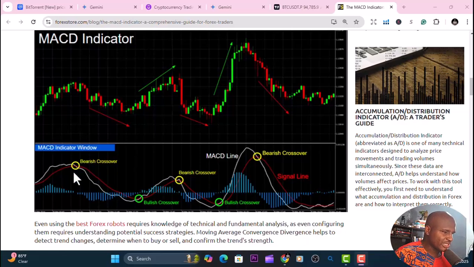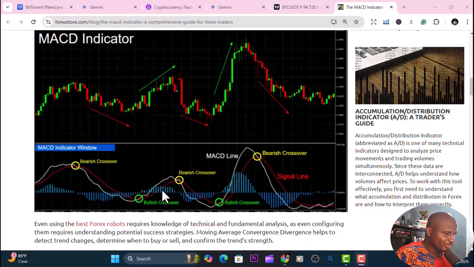So let's explore something. You will see that anytime the white line overtakes the red line and comes under it, there's a possibility of the candlesticks or the price moving down. And you can see the indicator of the candlestick. So here, it overtook the red one, and then the price dipped.